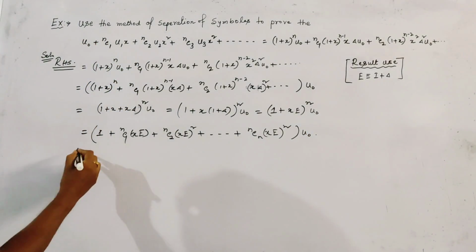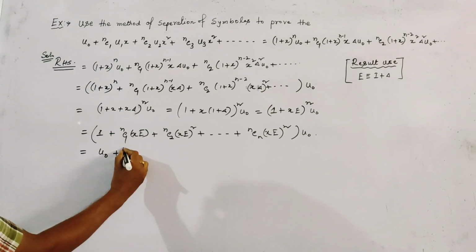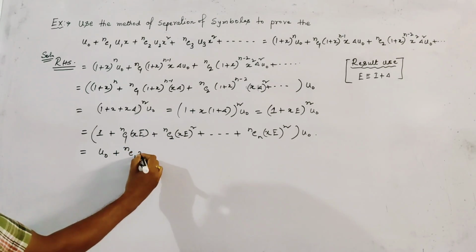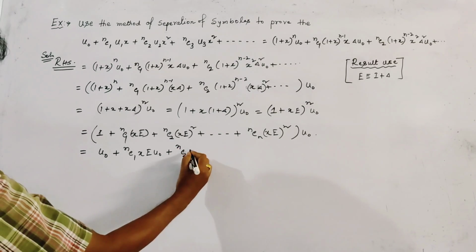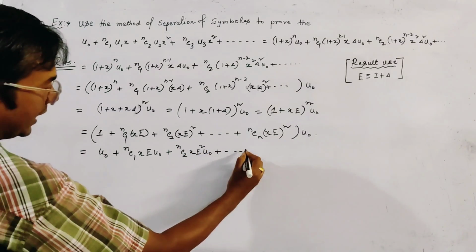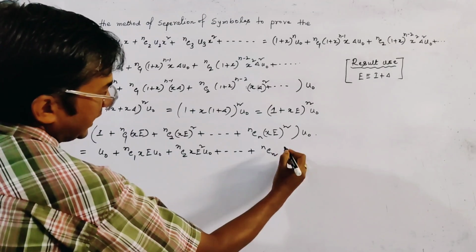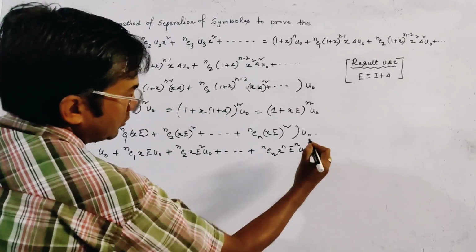Okay, and operating on u0 we get u0 plus nC1 x E u0 plus nC2 x² E² u0 and so on, up to nCn x^n E^n u0.